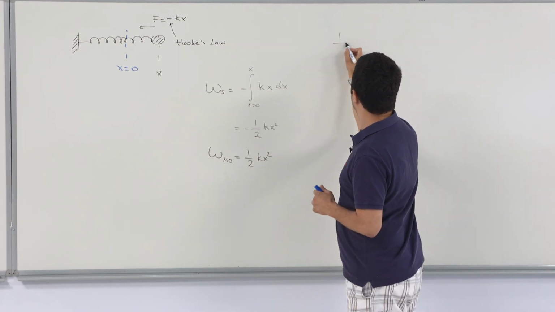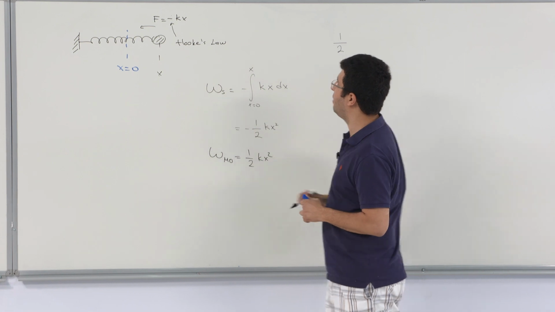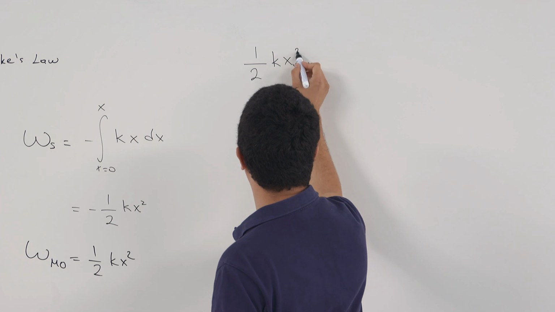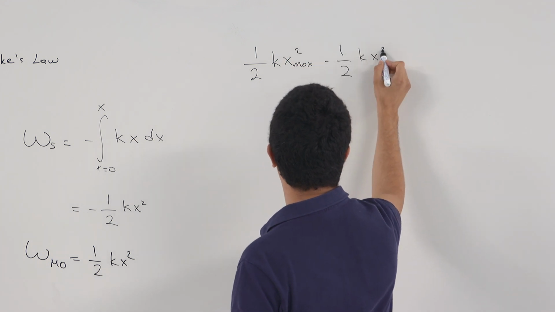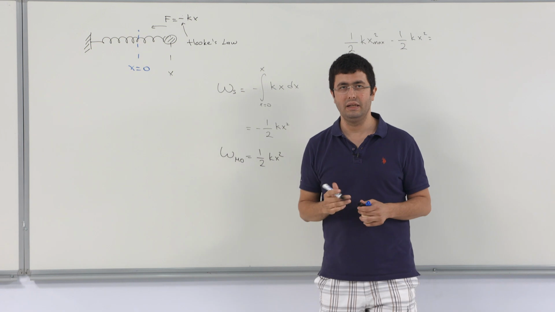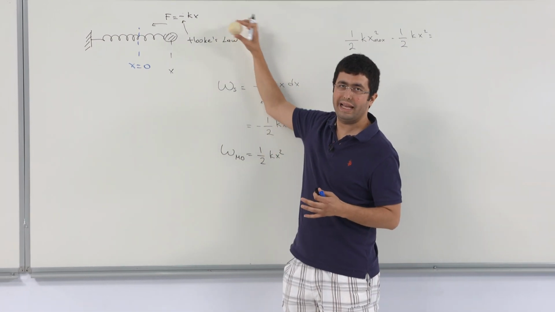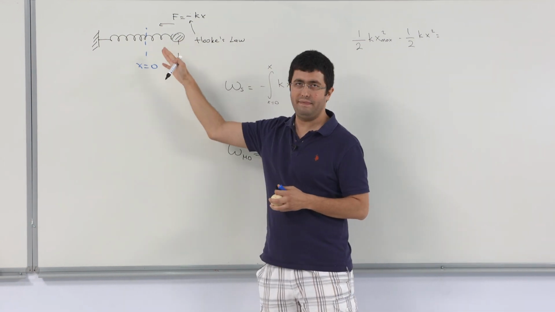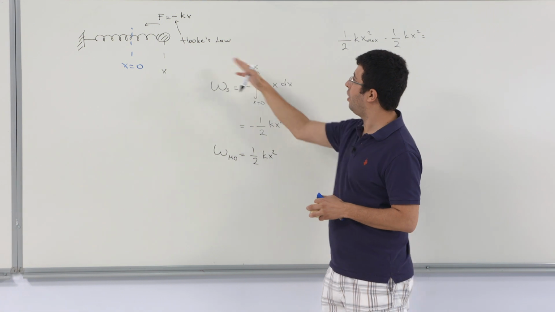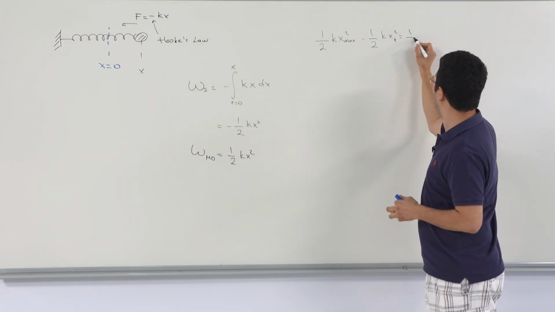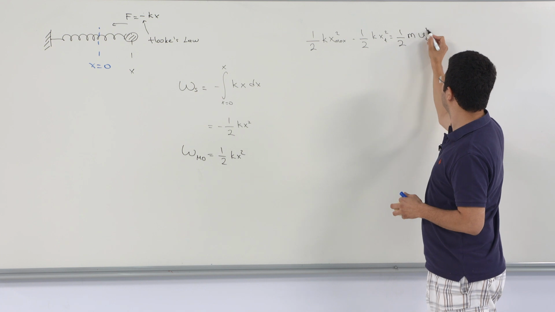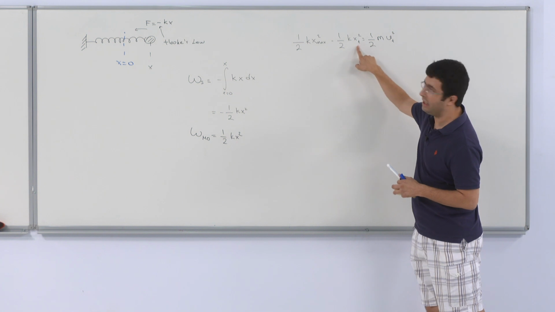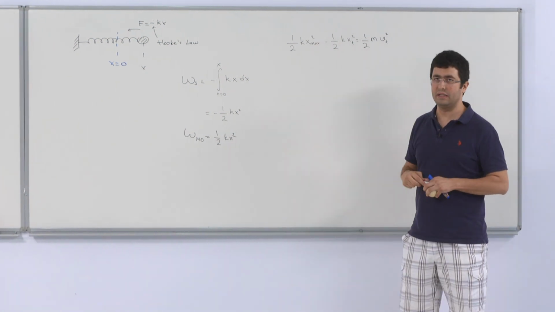Therefore, the work that's done by the spring, 1/2 kx max squared minus a half kx squared, is simply the change in kinetic energy, but I just let it go from x max, which means that its initial velocity is 0. So it will just pick up some velocity depending on the position, which is then given by a half mv squared. You can now determine the velocity at any position depending on the position and the maximal position.